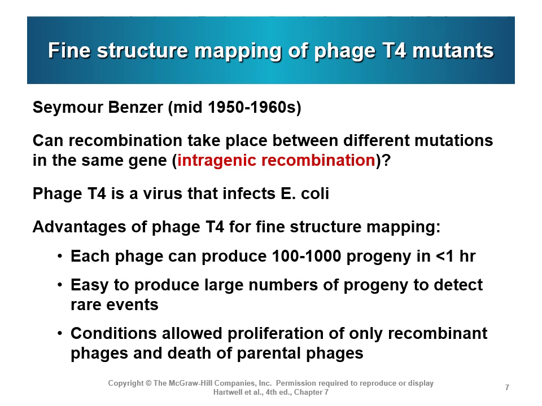So there will be a large number of progeny to detect rare events, like mutated progeny. And these conditions allow proliferation of only recombinant phages and death of parental phages. So this was a very convenient tool to use in order to answer this question.